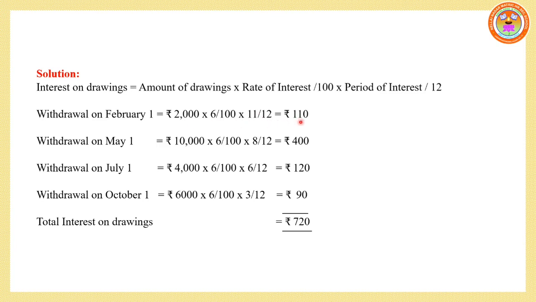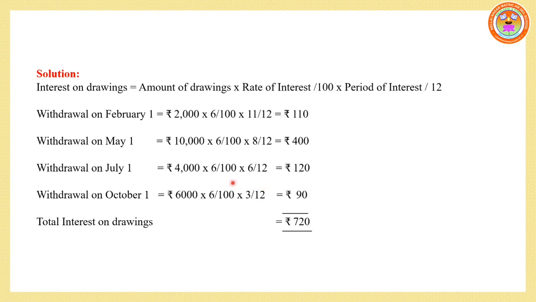We got 110. Again he has withdrawn on May 1, 10,000 rupees. So 10,000 amount of drawings into R by 100 into months. How many months? From May 1 till December, 8 months. Simplify this, we got 400. Again he has withdrawn on July 1, 4,000 into rate of interest 6 by 100, from July till December, 6 months.